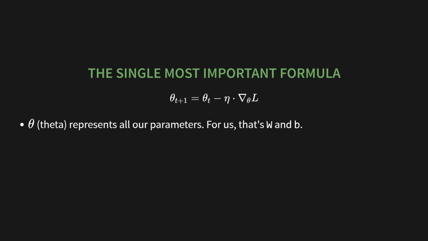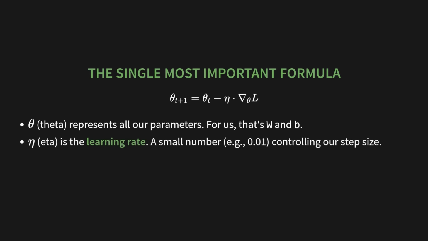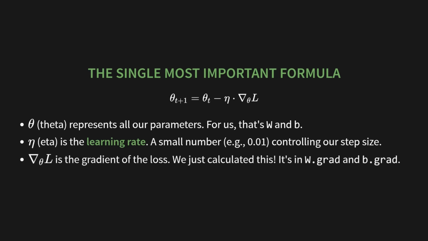For us, that's just W and B. Next, eta. That's the learning rate. It's just a small number, maybe 0.01, that controls our step size. It's how big of a step we take downhill. And finally, the gradient of the loss. We just calculated this. It's the information waiting for us in w.grad and b.grad.